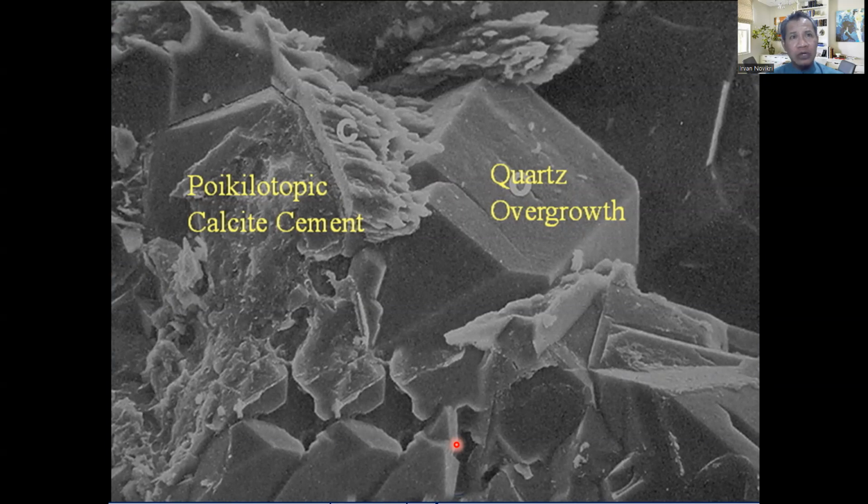This is what it looks like up close. Nice view of some quartz overgrowth on the detrital quartz grain, syntaxial, that's just a fancy name the geologists use, I believe. It just means all-encasing, so it's surrounding quartz overgrowth.